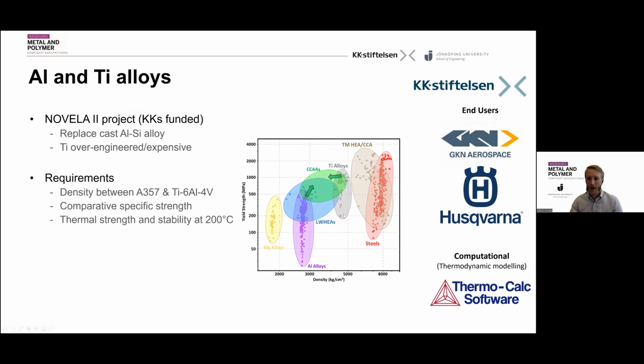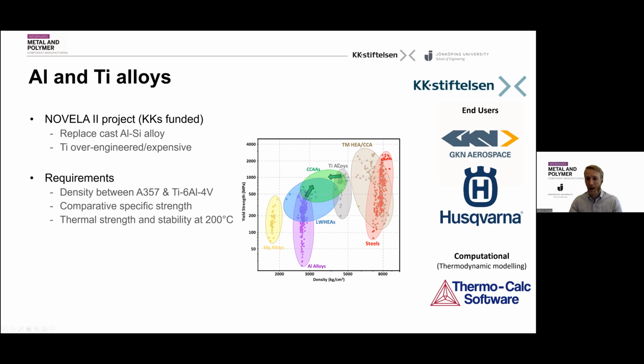This question came from our partners at GKN. They are currently using a high performance aluminium alloy, and they needed a little more thermal stability. They wanted to run it a little higher than the 150, 160 degrees Celsius that the aluminium cast alloy can run at.